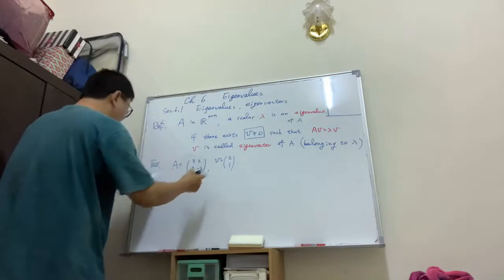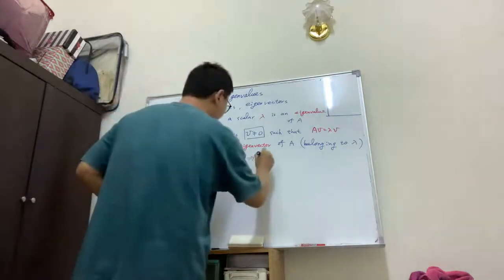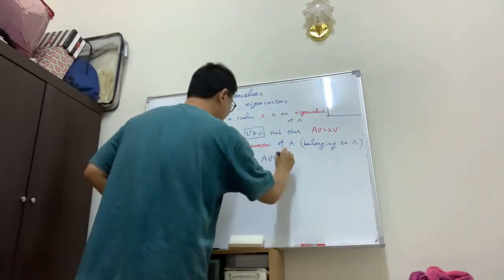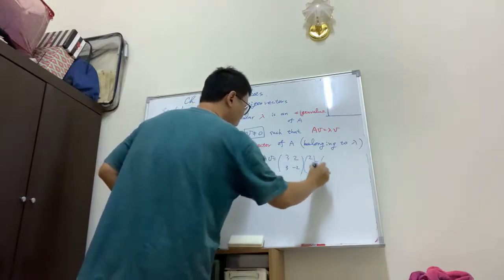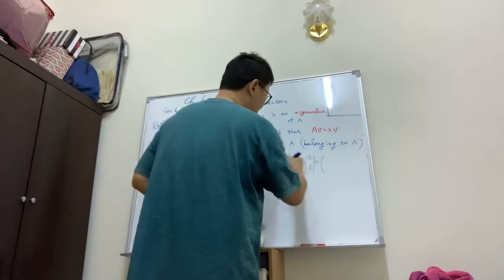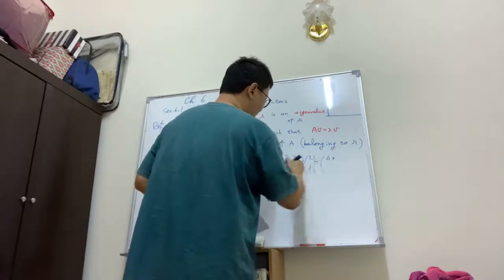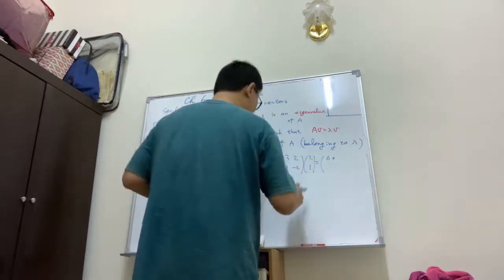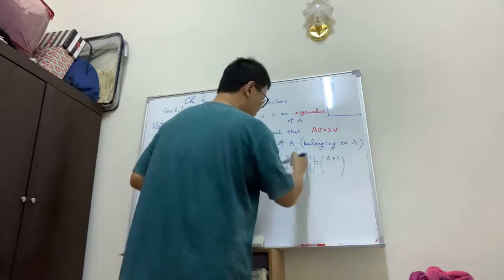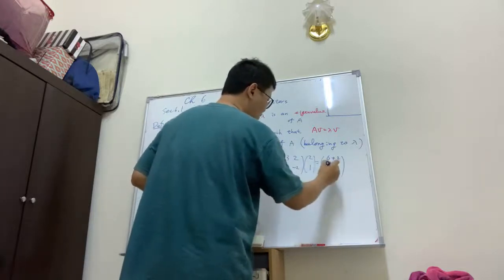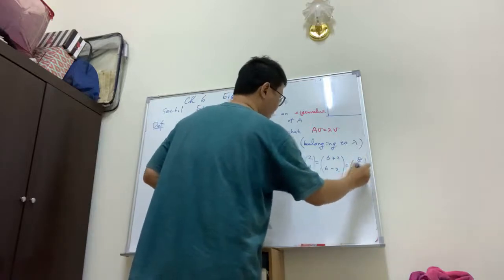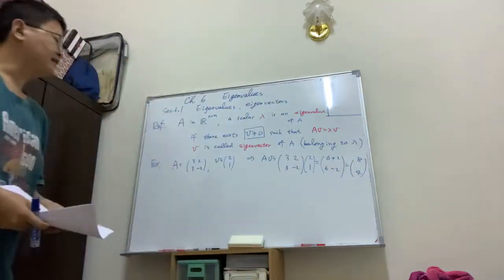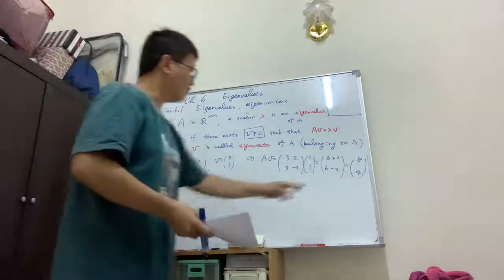If you see the product A v, the matrix 3, 2, 3, negative 2 times the vector 2, 1: 3 times 2 is 6, plus 2 times 1, 2, and 3 times 2 is 6, subtract 2 times 1, subtract 2. So it's 8, 4.